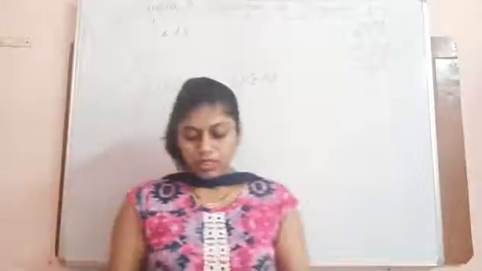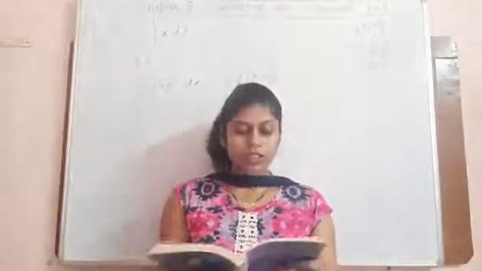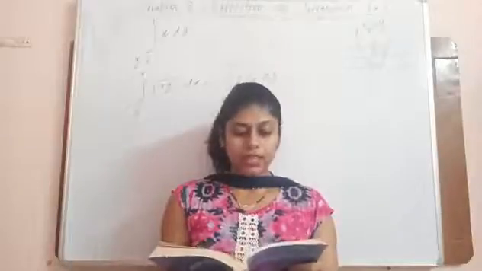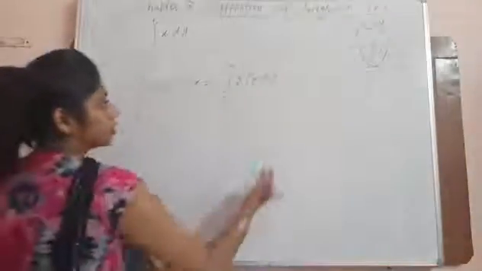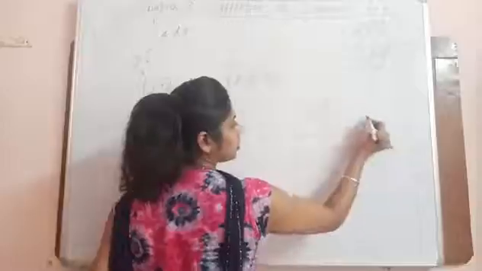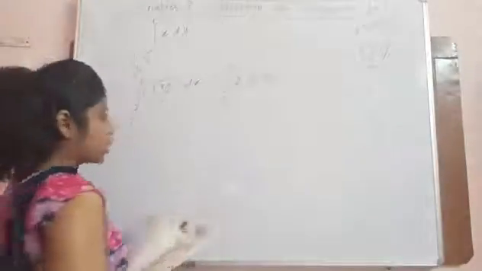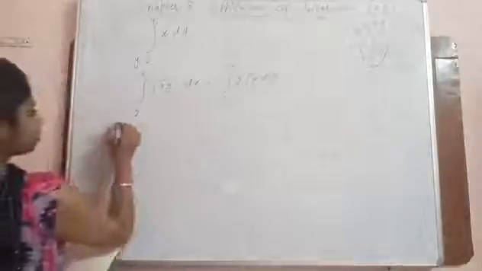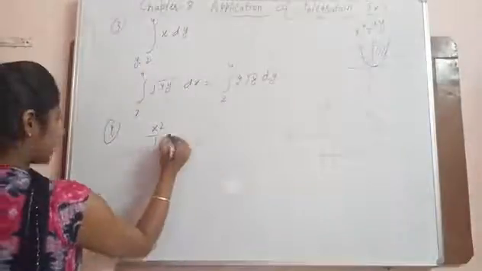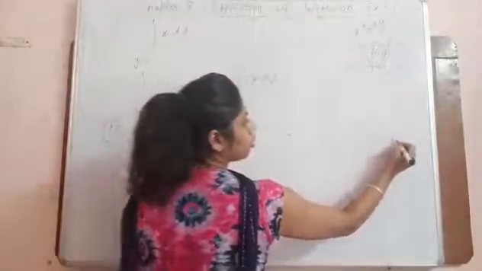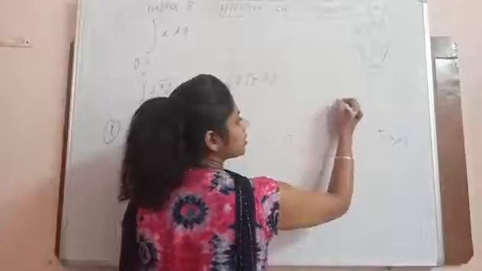Clear? Next, fourth question, find the area of the region bounded by the ellipse. This is ellipse. Equation is given. X square upon 16, y square upon 9 equals to 1. So this is 4 comma 0 and this is 0 comma 3.